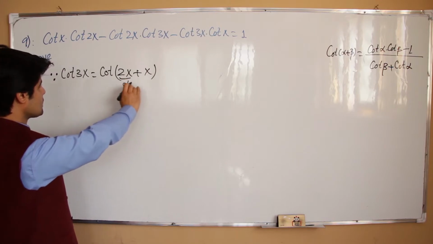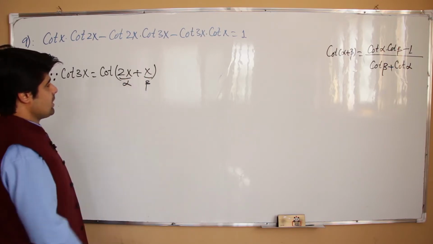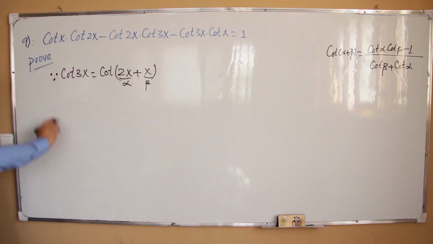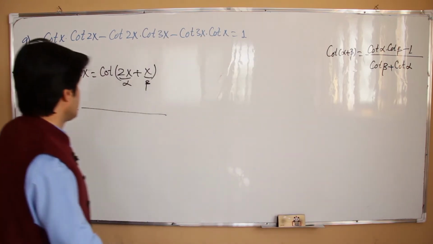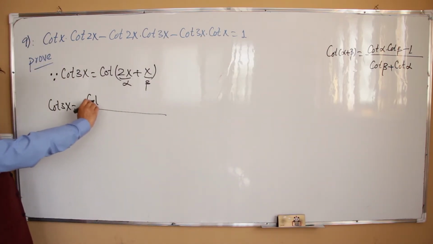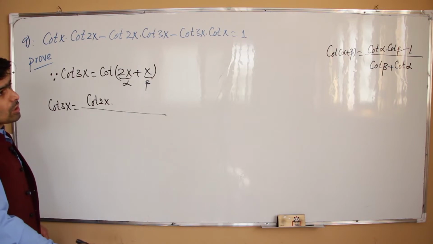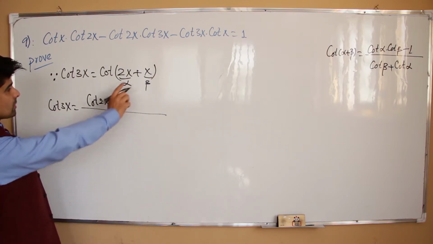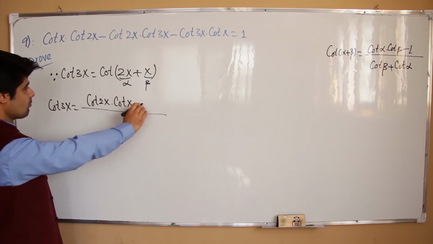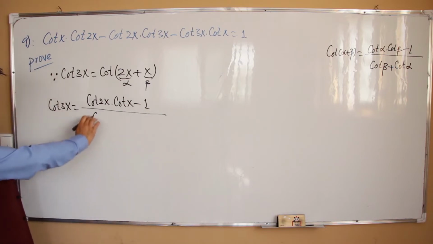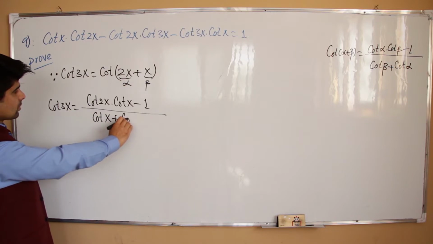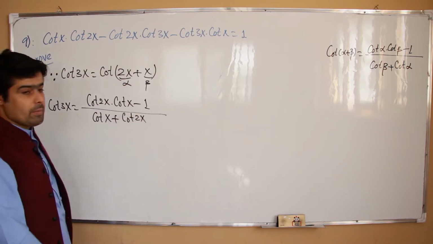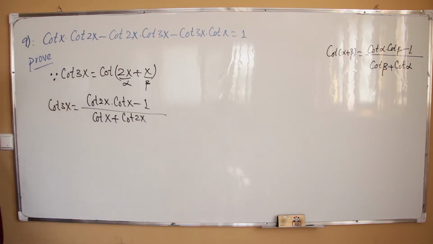Now if this one is alpha and this one is beta, so it would be cotangent of 3x equals cotangent of alpha, what's your alpha? 2x, times cotangent of beta, which is x, minus 1 divided by cotangent of beta, which is x, plus cotangent of 2x. Am I right or not?